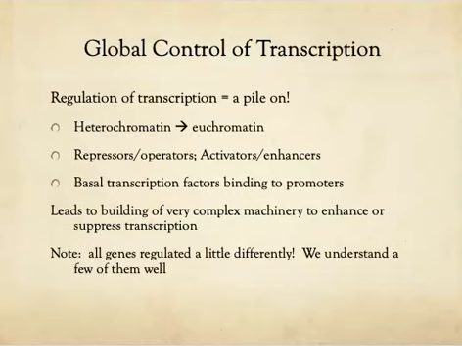Proteins, it turns out, are very powerful things. And if a cell loses control over the production of protein, it can lead to the death of that cell. So cells invest a lot of time, a lot of resources, a lot of energy into regulating transcription.